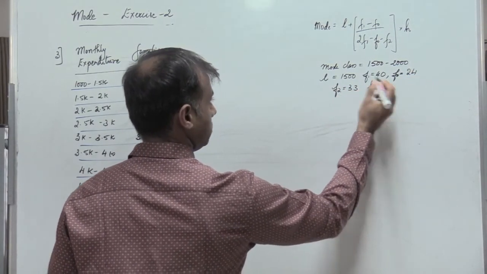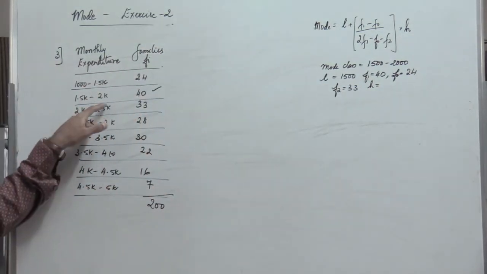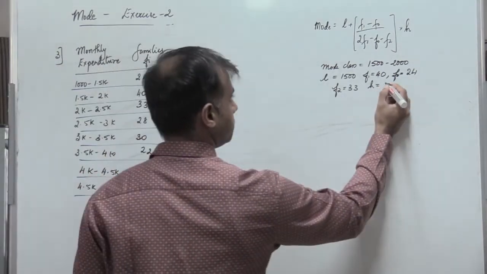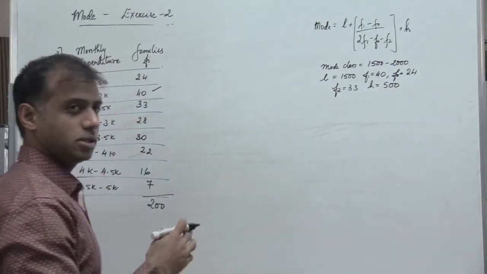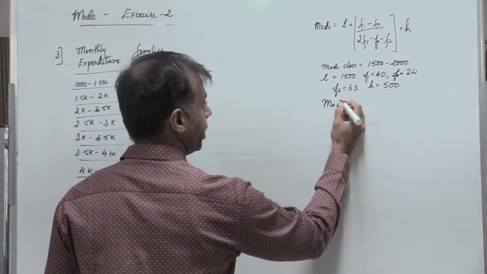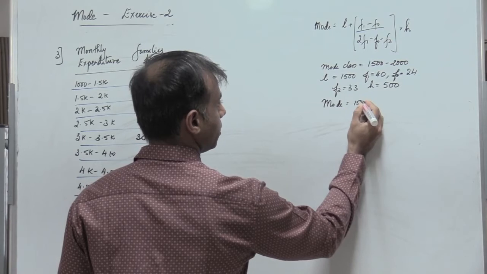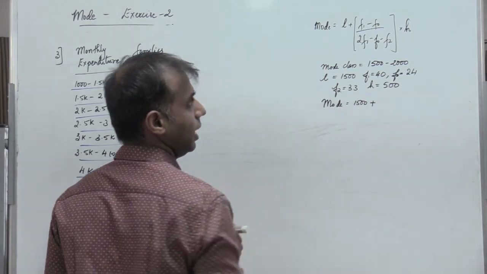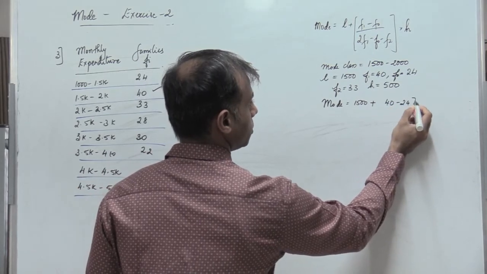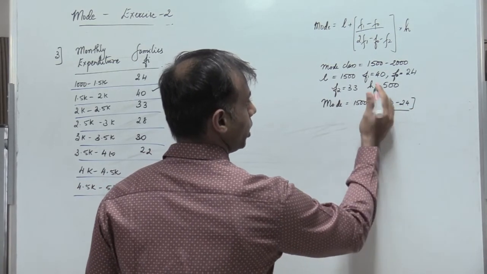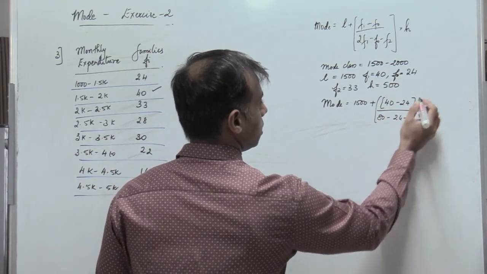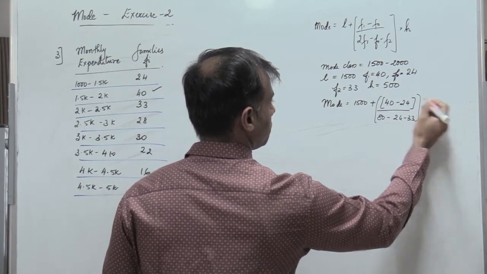And h is the class size, which is 2K minus 1.5K, so 500. Let me substitute all these values in the formula. The mode value is L, which is 1500, plus (F1 minus F0) divided by (2F1 minus F0 minus F2), that is (40 minus 24) divided by (80 minus 24 minus 33), the whole thing into 500.